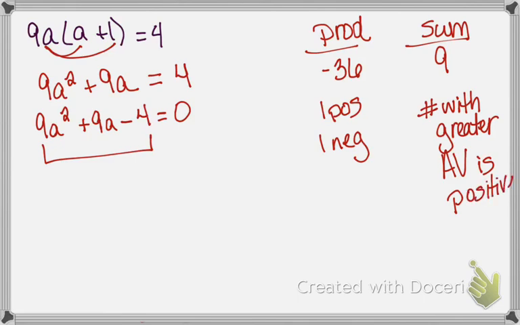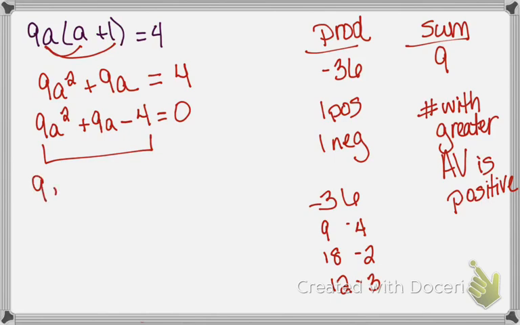So I can start writing down things that equal -36. So I'm going to have 9 and 4, 18 and 2, 12 and what? 3. Good. Is that it? Yeah, that's it. So 12 and 3.